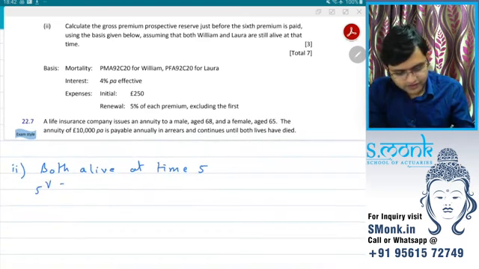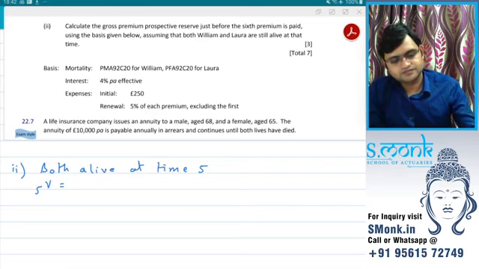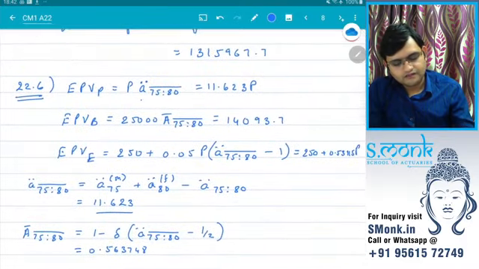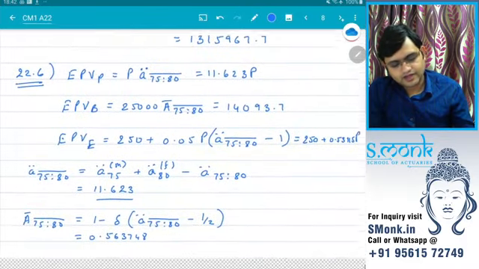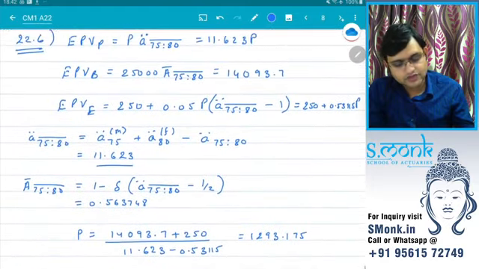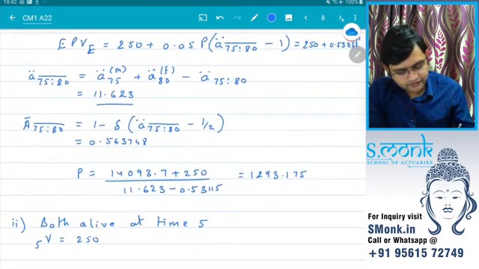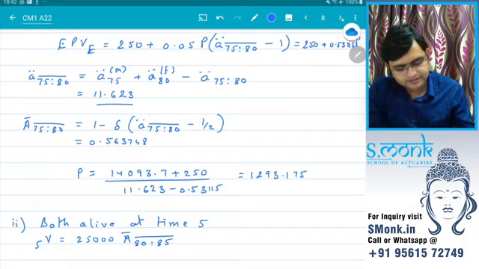Then the reserve at time 5 must equal, since 5 premiums have already been paid, we talk about the benefit: 25,000 A bar 80, 85 bar.